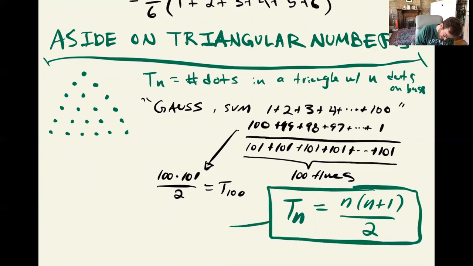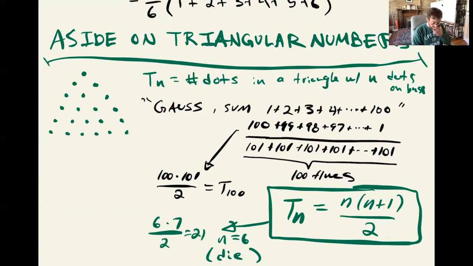And in particular, if I look at the case where n equals 6, this is like our die case, then it's 6 times 7 over 2, which is 21. And so there turn out to be indeed 21 dots in here.